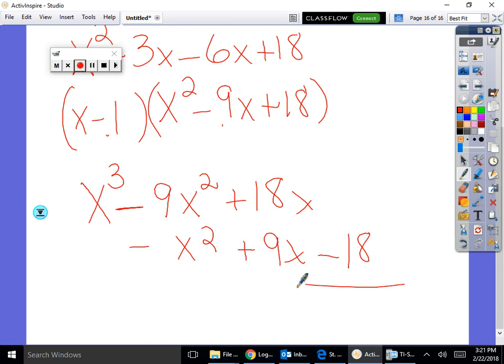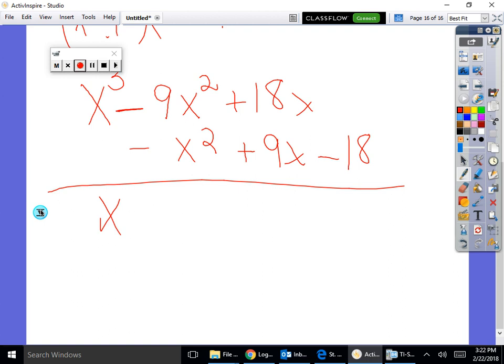Negative 18. Cool? Drop it down. X what? Cubed, right? Negative 9 minus 1. Negative 10x squared. 18 plus 9. 27x minus 18, and we're done.